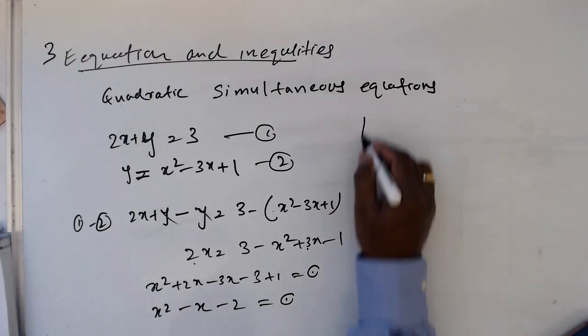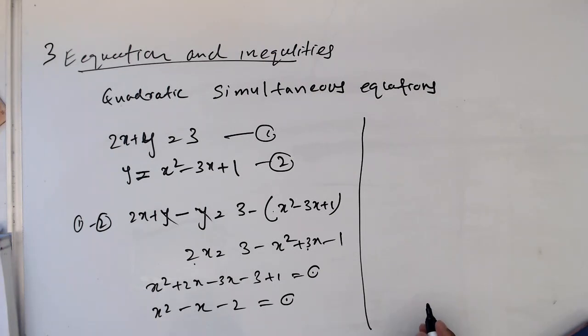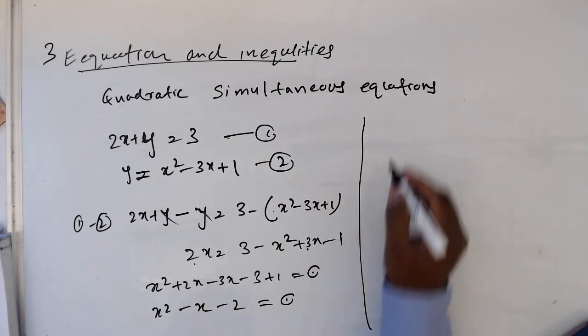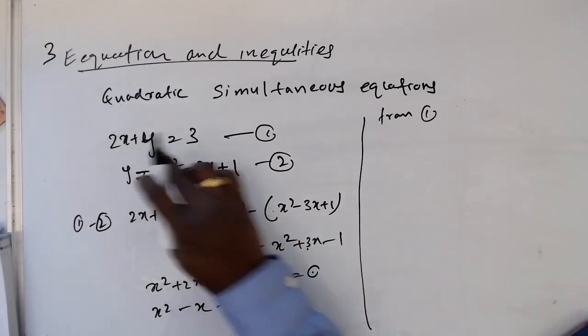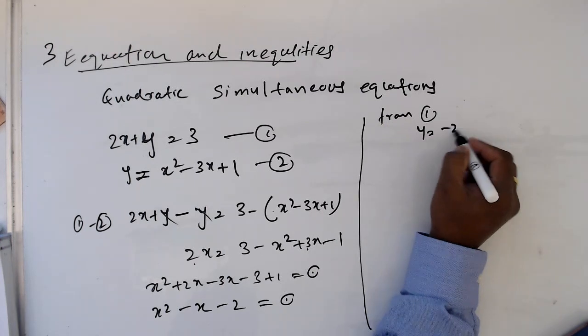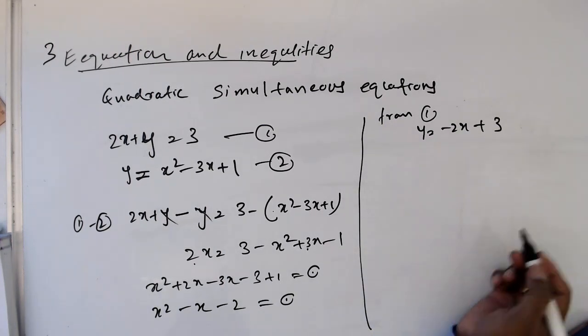Also, you can simplify this equation by substitution. So from 1, I'll show you that one as well. From 1, you can write y equal minus 2x plus 3.